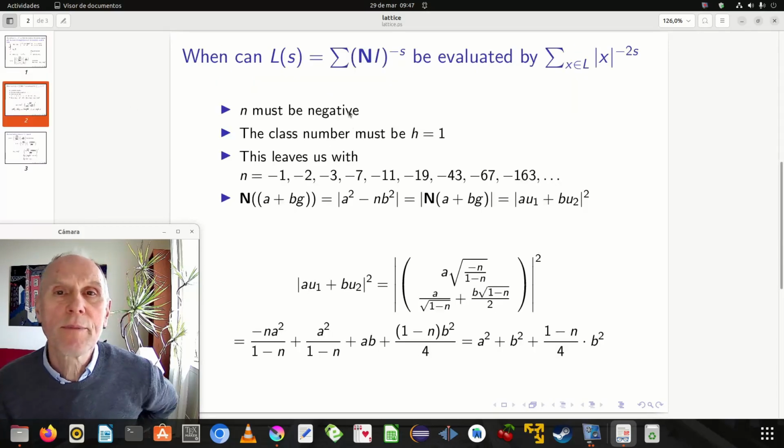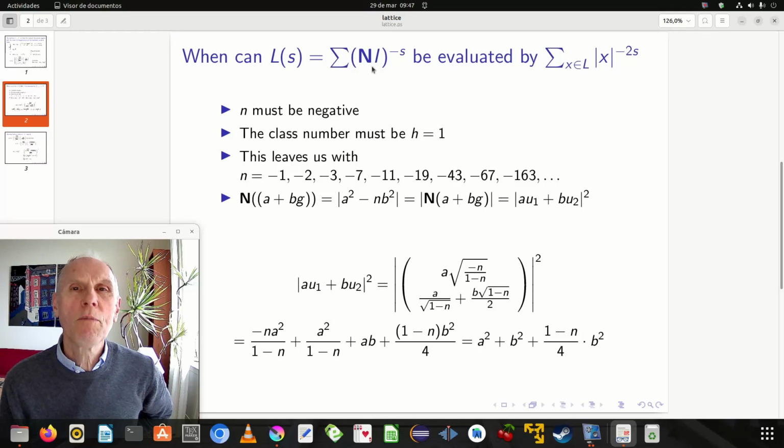But there is a more important fact. If we want to sum over some lattice, then if n is positive, the number field has units. Like if n is 2, then we have the unit square root 2 minus 1, which has norm minus 1.